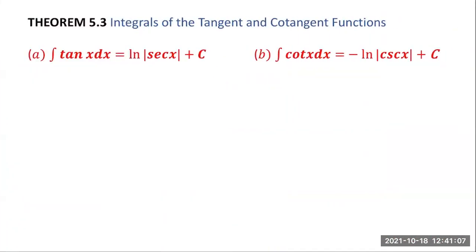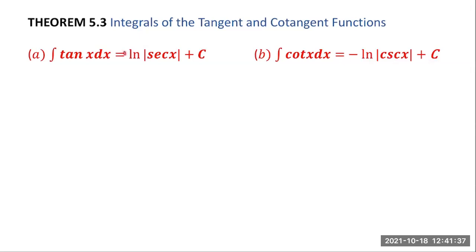Then we have this theorem: integrals of tangent and cotangent functions. The indefinite integral of tan x is ln of the absolute value of secant x plus c, and the integral of cotangent x is minus ln of the absolute value of cosecant x plus c. Okay, how do you know that these formulas are true? How do you prove that these formulas are true?